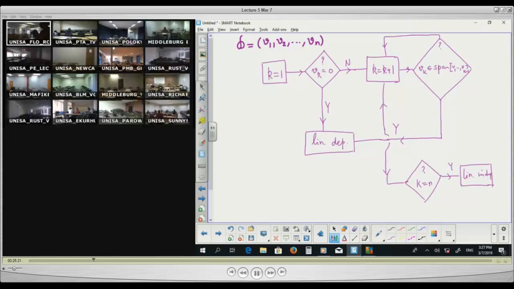So you go on until you have an answer yes. The moment you have an answer yes, you decide. So it's a definitive algorithm to test whether a list is linearly dependent or not. Good. So now, having understood this, let's see how we prove this.